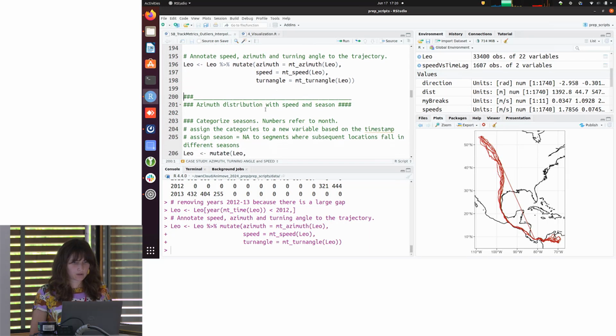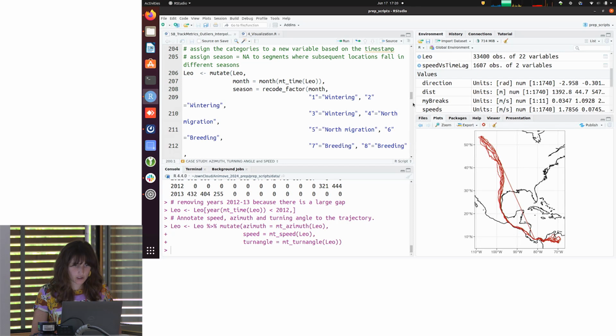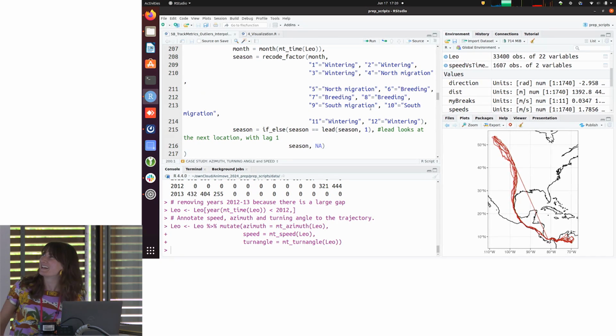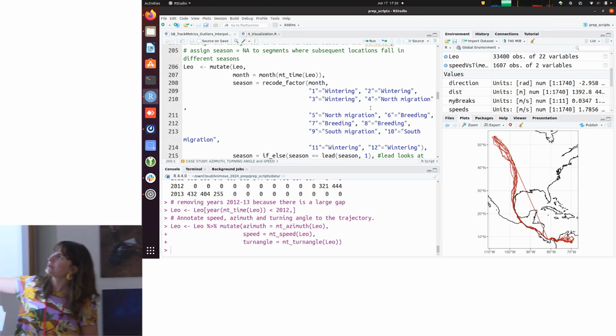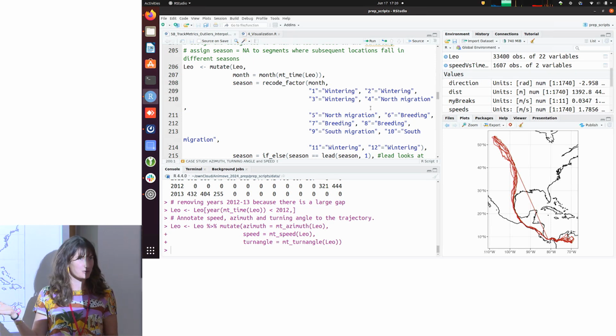Then here we're going to do something that we don't recommend doing, but for the purpose of this example, I think it's nice. Based on what we know of this species, we're going to arbitrarily categorize its wintering, north migration, breeding, and south migration times or seasons.